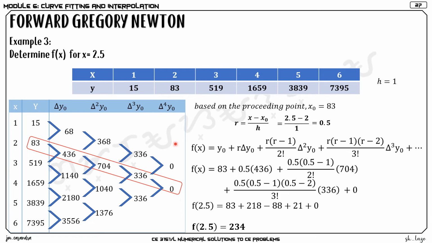And then, since we are solving for a value of x equal to 2.5, which is between 2 and 3, we could use the values of 8, 3, 436, 704, 336, with likewise 519, 114, 10, 40, and 336.